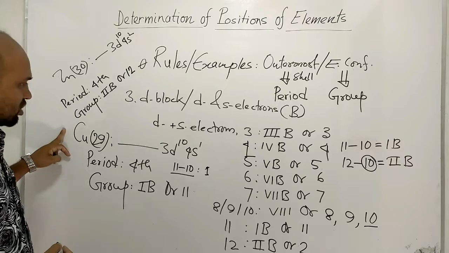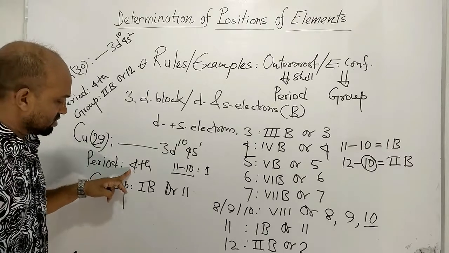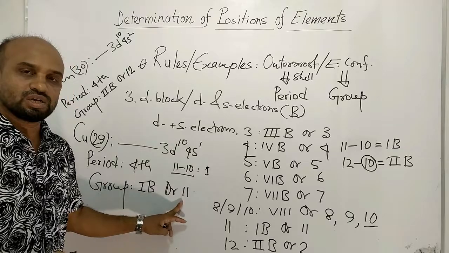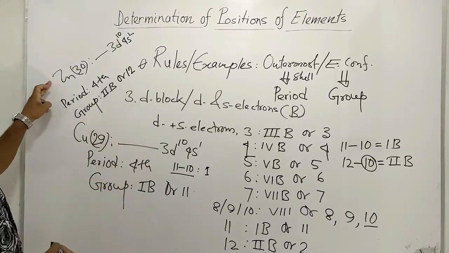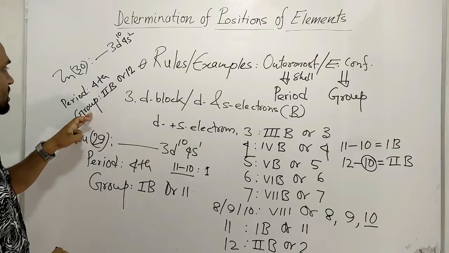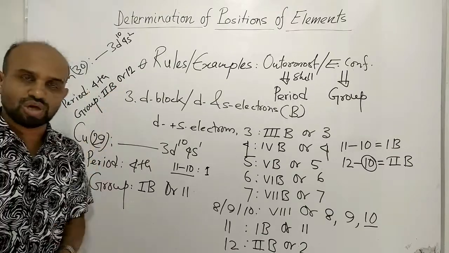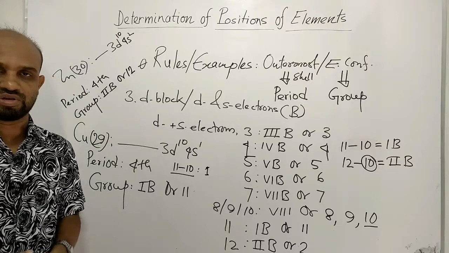So copper is in the 4th period and in 1B group or 11 group, and zinc is in the 4th period and zinc's group is 2B or 12 in the most modern periodic table.